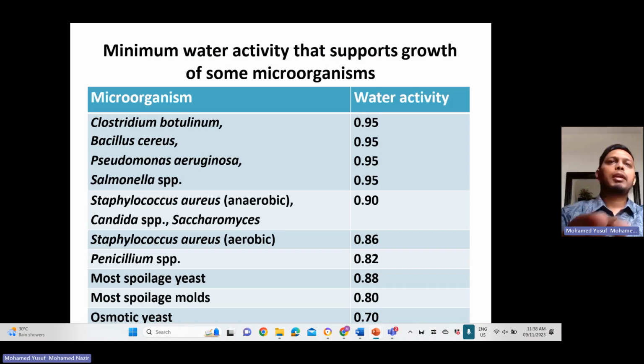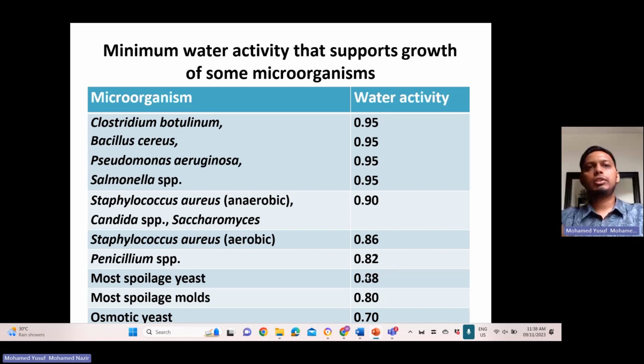And this table here shows the minimum water activity that supports the growth of some microorganisms. For example, Clostridium botulinum requires 0.95 water activity, and most bacteria will require at least over 0.85 water activity.